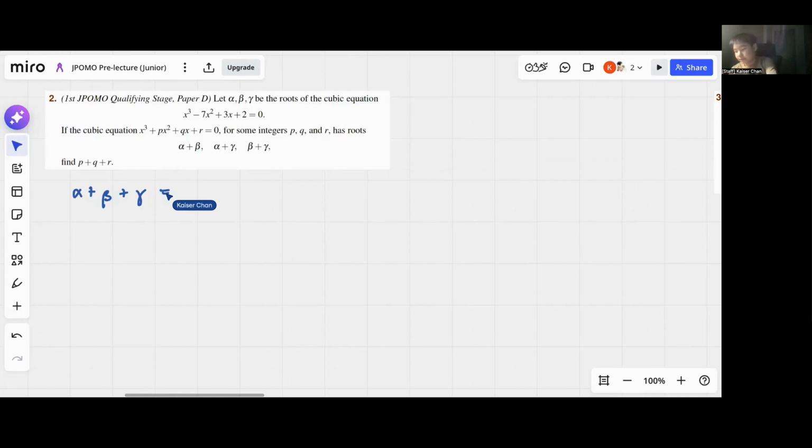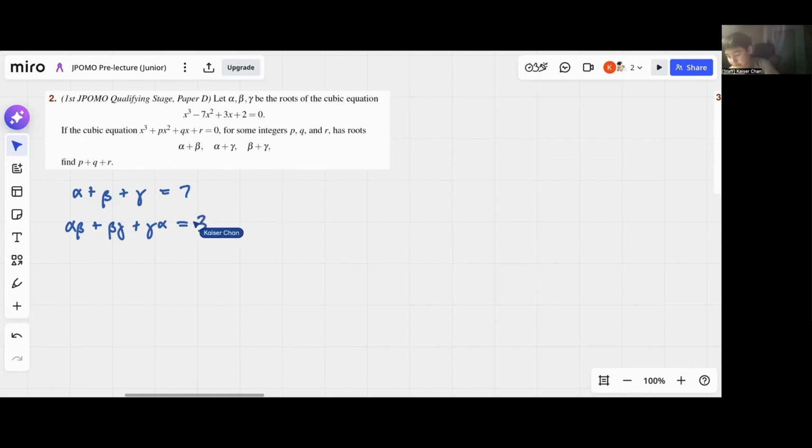Yeah, it's 7. So essentially we just get it from here and then negate the coefficient, right? So this is 7. Then what is alpha beta plus beta gamma plus gamma alpha? So it's 3.